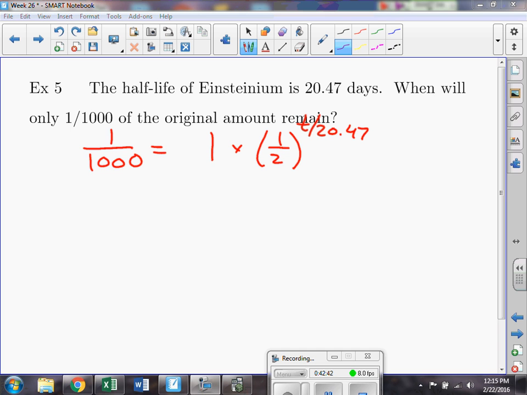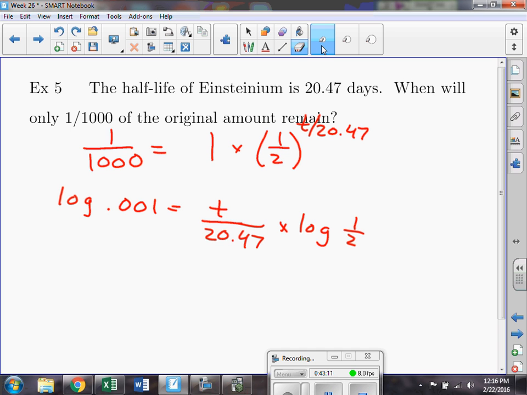Solving it, we would have, we'll take the logarithm of 0.001 equals t over 20.47 times the log of 1/2. The log of 0.001, 10 to what power gives you 1/1000?